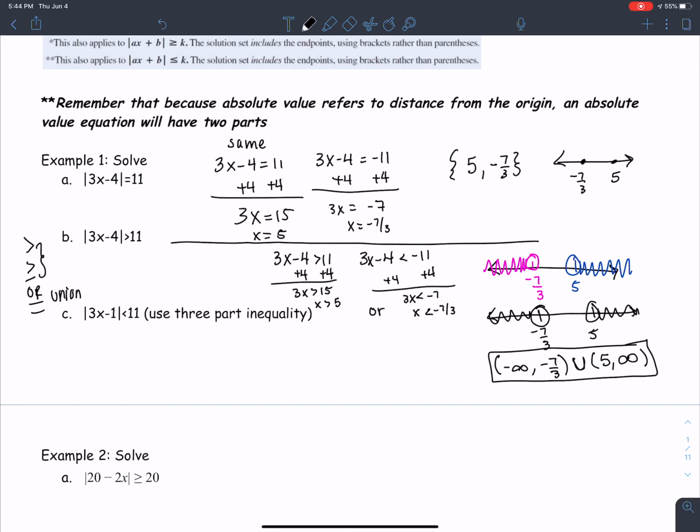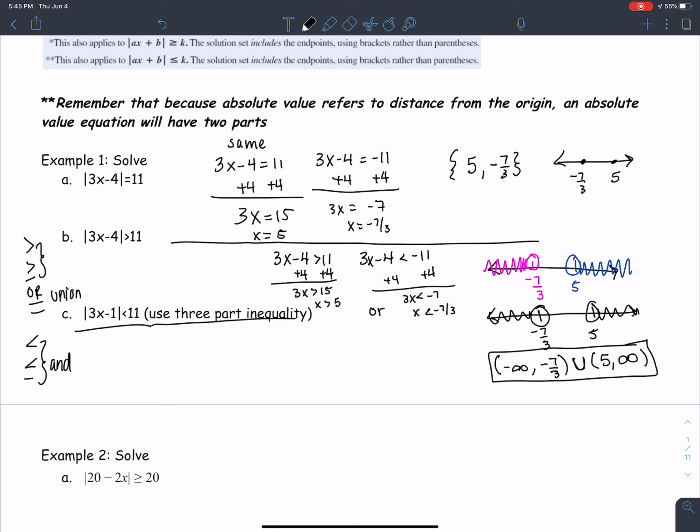So that's important. The inequality sign tells us how we're going to write our final answer. On this one, less than or less than or equal to gives us an and inequality. Now, I have notes here that we're going to use a three-part inequality.